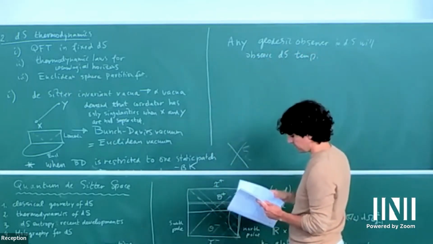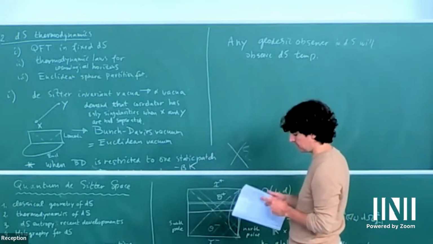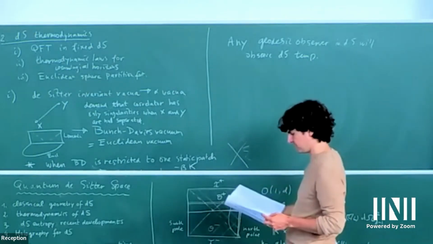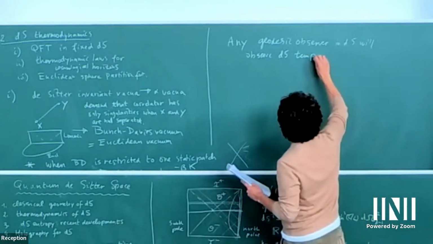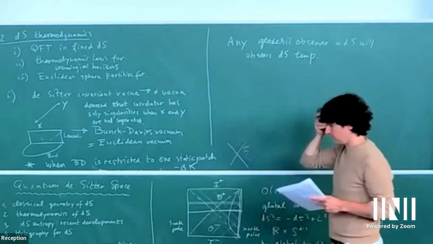And this was actually found in 1975 by Nappi and collaborators, but then also independently later by Gibbons and Hawking.